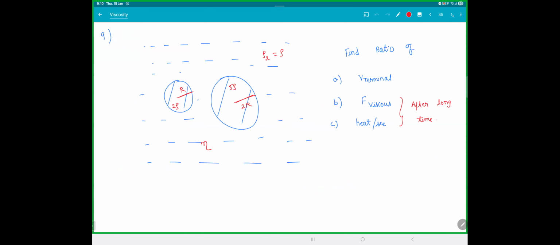The density of the balls is not the same. It's 2 rho and 5 rho. You forgot the formula. I'll write it down again. Use this formula: 2 by 9 R square by eta G into (rho body minus rho liquid). Get it. I'll give you 2 minutes. Without that formula, you won't be able to handle it.